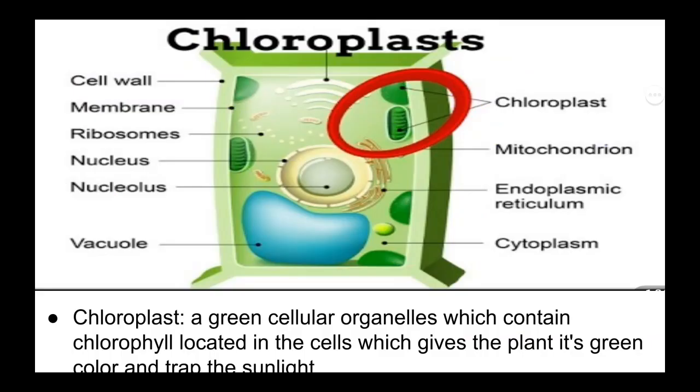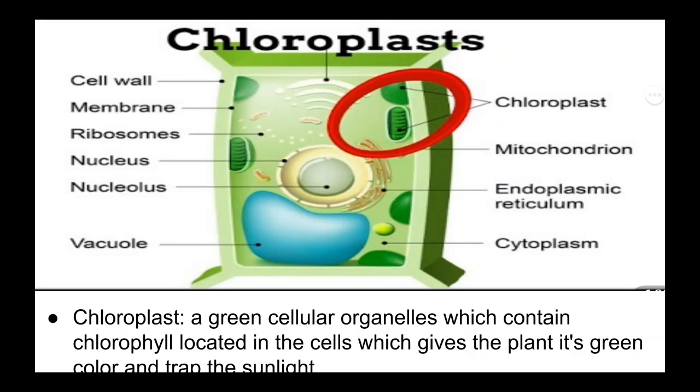Now, when we say chlorophyllic plant, it means green plants, as I said previously. They are green plants because they have chloroplast, and here we're pointing to it in the red circle. Chloroplast contain chlorophyll. Chlorophyll gives the plant the green color, and is responsible for trapping the energy from the sun, or trapping the sunlight.